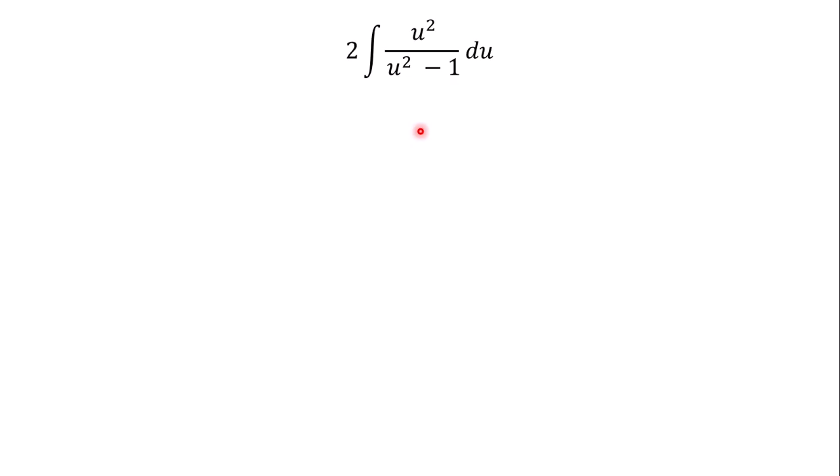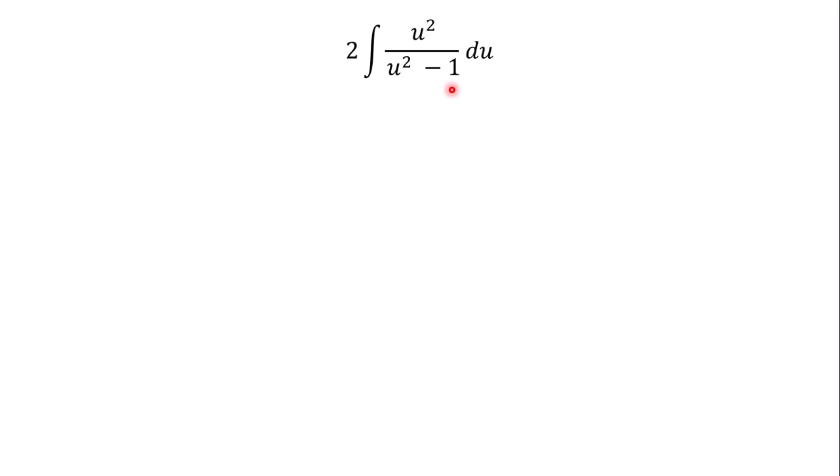Here what we are going to do is find a means to write this numerator to look like this denominator. We are going to find a means to write this u squared so that it will look like u squared minus 1 at the end of the day.